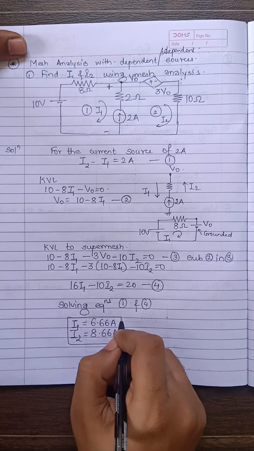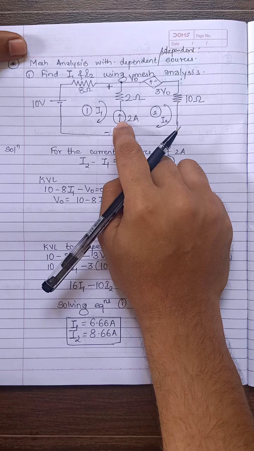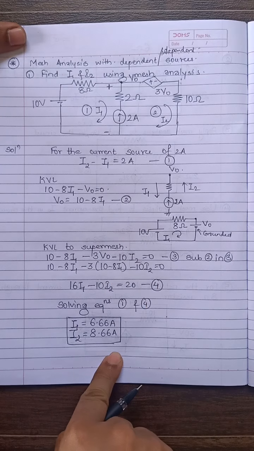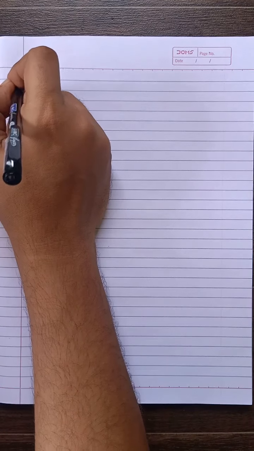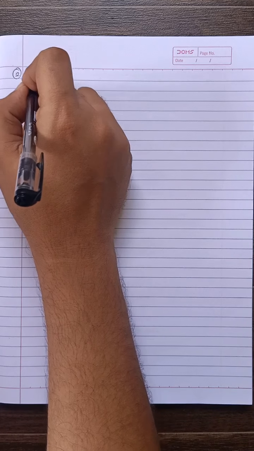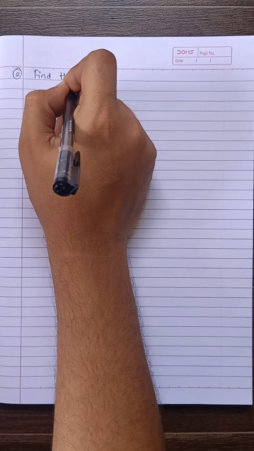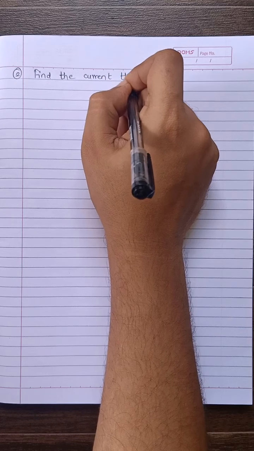So this is how the problem with the independent current source which forms the super mesh is solved using mesh analysis. Now coming to the next problem, it is again the mesh analysis with the super mesh branch. So the question is to find the current through the 10 ohm resistor.